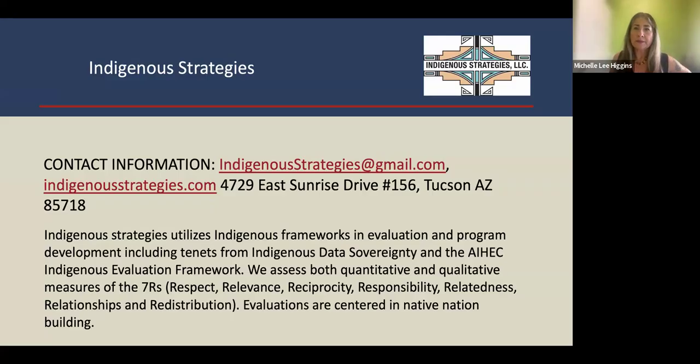So this one, Indigenous Strategies, is an external organization that bases their evaluation framework on the 7 R's: respect, relevance, reciprocity, responsibility, relatedness, relationships, and redistribution.